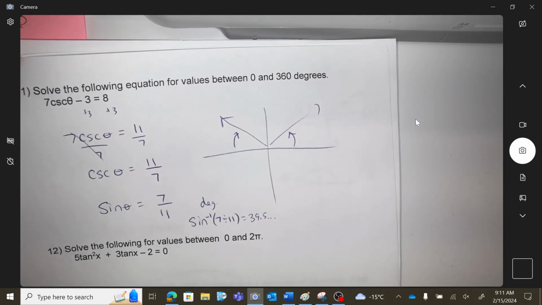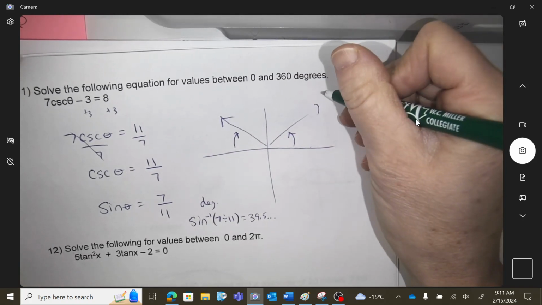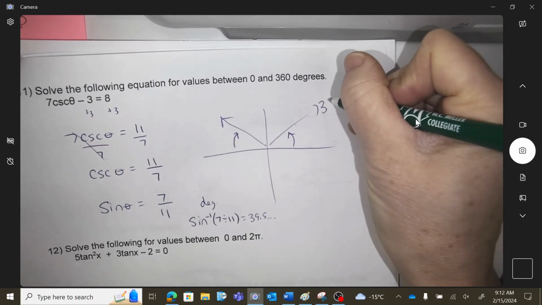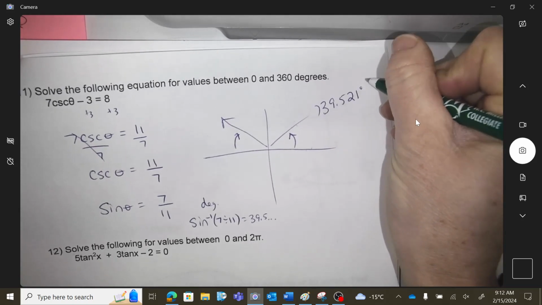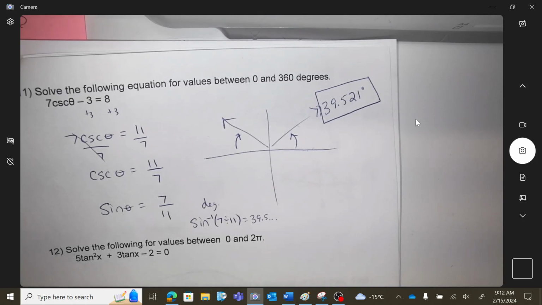So I'm getting an amount of 39.5... Okay, so if you are in this quadrant, it's just 0 plus that. Three decimals, or I deduct you points.